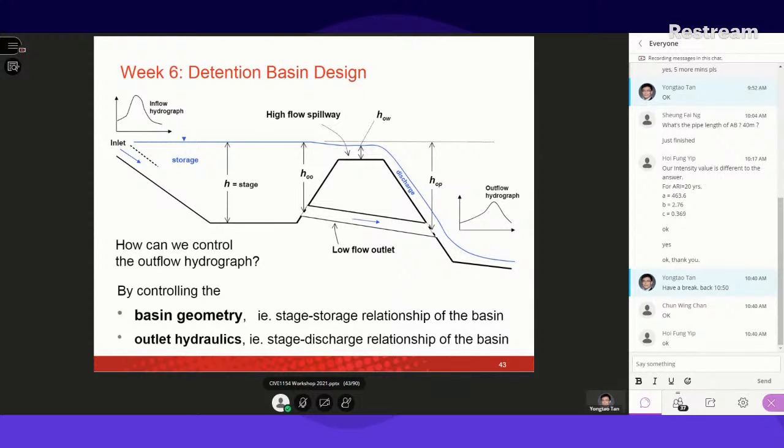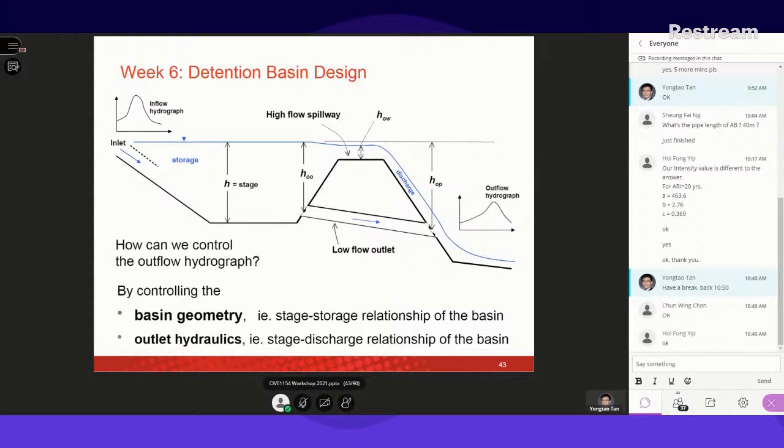So how do we design the detention basins? Normally the basin length to width ratio should be between 2/1 and 3/1, so the flood flow can expand and diffuse into the water body to enhance the sedimentation process.